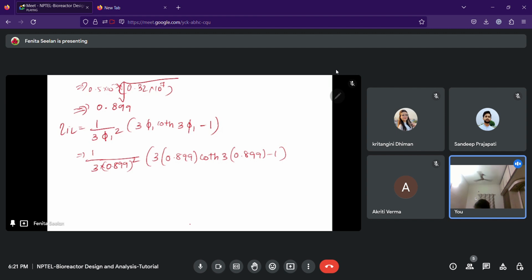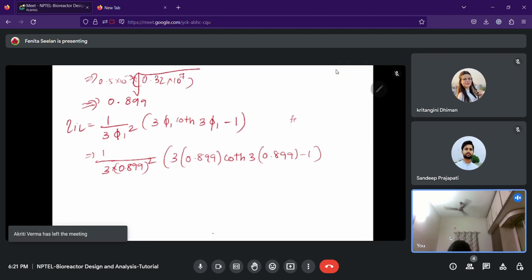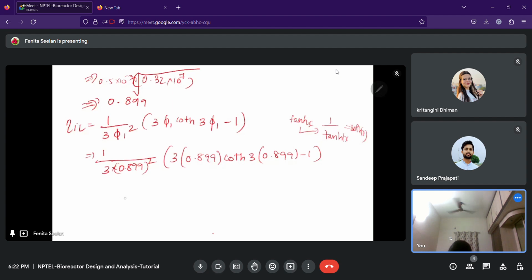In your calculator there will be a function called HYP, which denotes hyperbolic function. If you go there and then select tan, you will get the function tanh. Tan is actually the inverse of cot, right? So tanh you will get from there, and you can do 1 by tanh, which will give you coth.